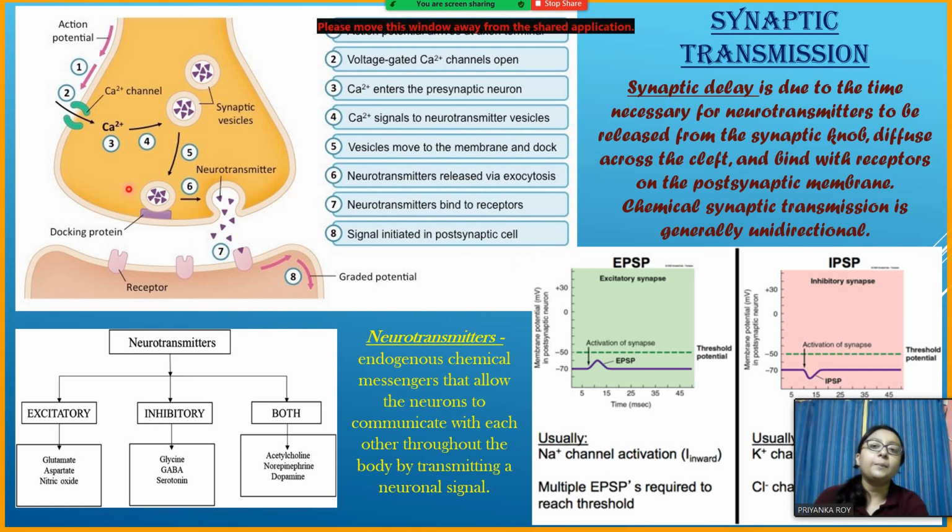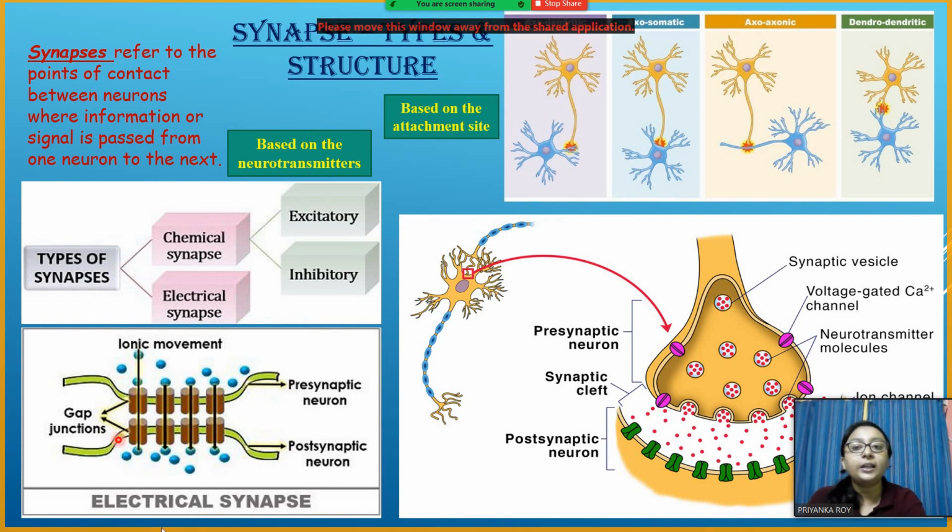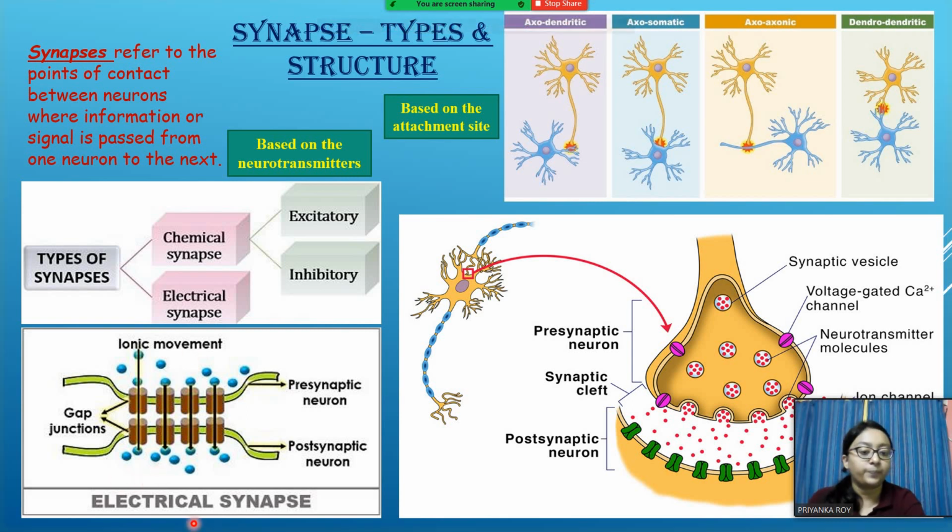Okay, and this chemical synaptic transmission is unidirectional. The signal will only be transmitted from the presynaptic membrane to the postsynaptic membrane. Unlike in the case of an electrical synapse, where gap junctions allow bidirectional movement, so ions can go from here to here or vice versa.